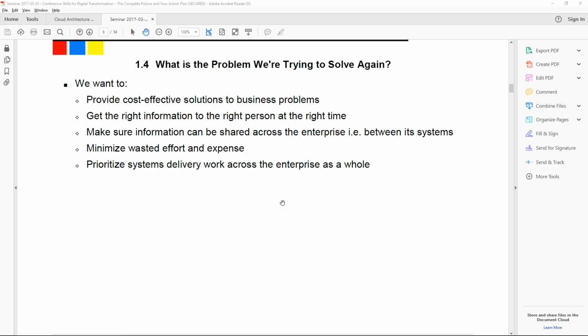Okay, what about the rest of the system? What about the problem that isn't the Agile side of things? What else are we doing? Well, there's the architectural side. The architectural side tends to think of the problem as, oh, I just want to provide good, cost-effective solutions to the business problems. Make sure the information gets to the right place and make sure we can share data between systems.